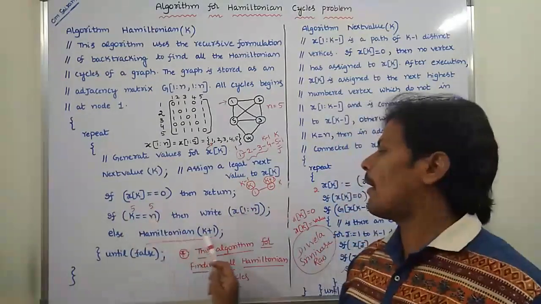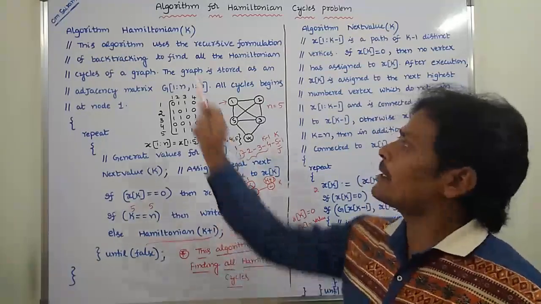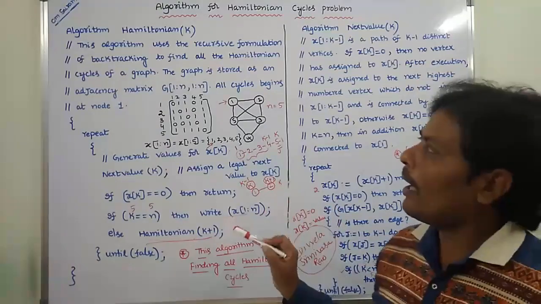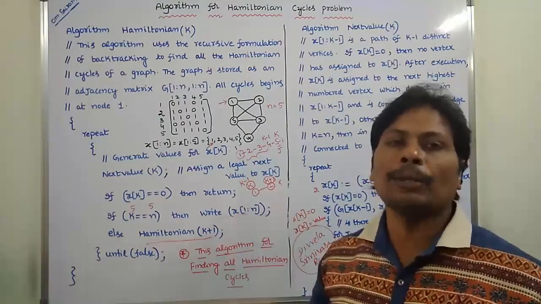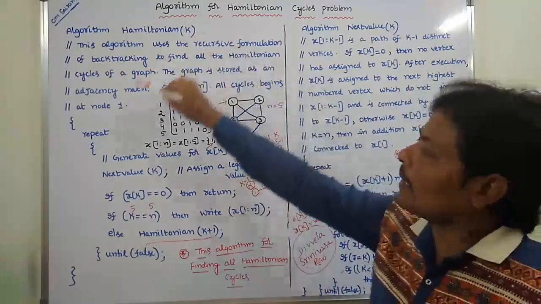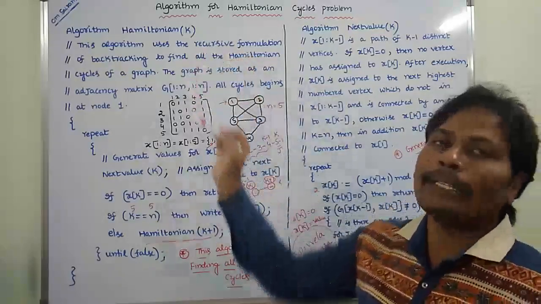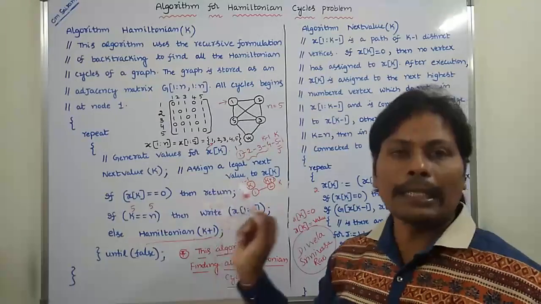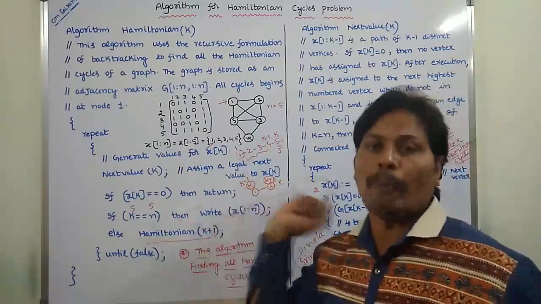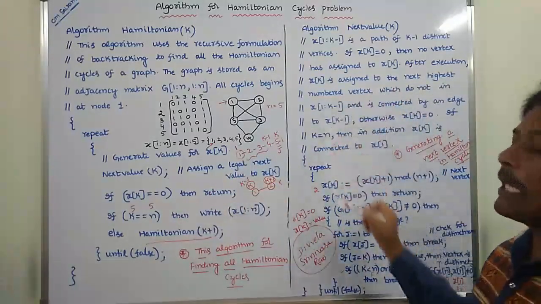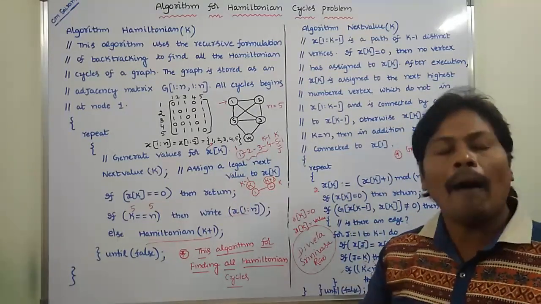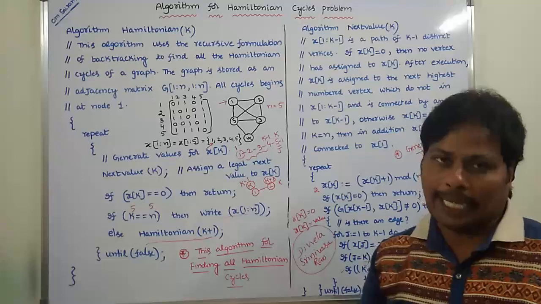If the condition is false, the same function is called again. So this is the algorithm for Hamiltonian cycle. This algorithm is used for finding all Hamiltonian cycles of a given graph in a recursive manner. This algorithm is used for finding the next vertex in the Hamiltonian cycle.